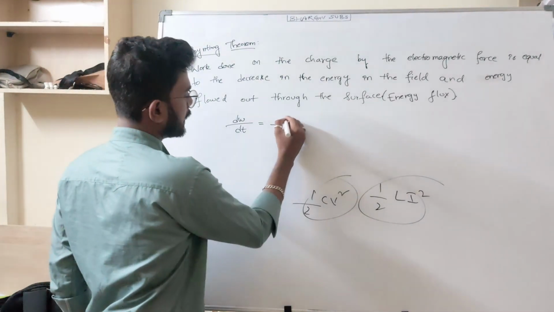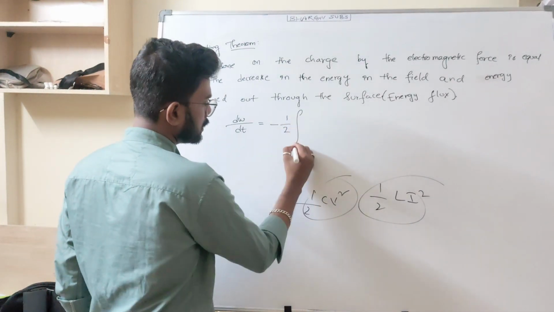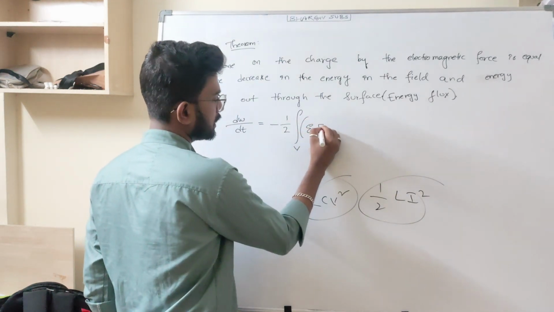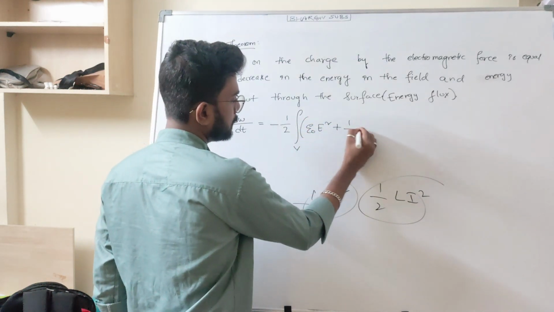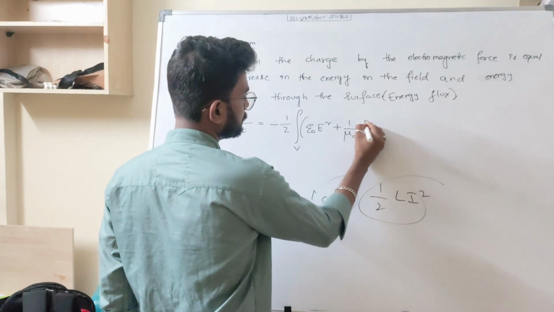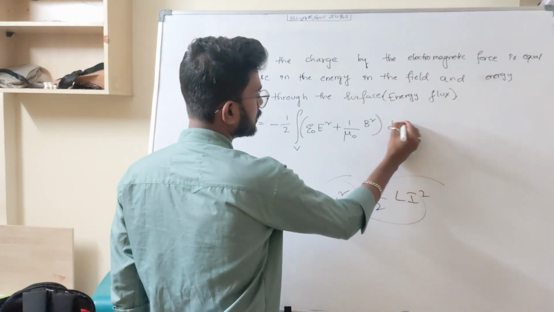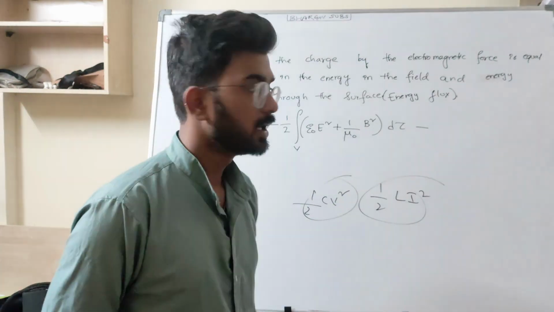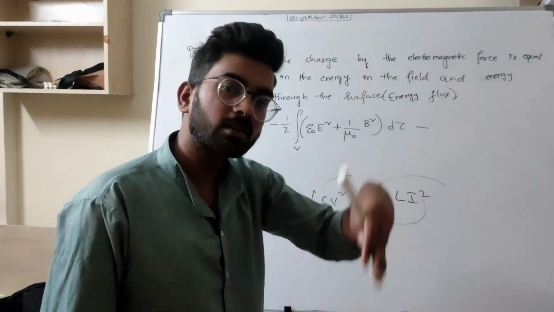So I can write minus half volume integral of epsilon naught E square plus 1 by mu naught B square into d tau, minus again the energy flowing out through the surface.